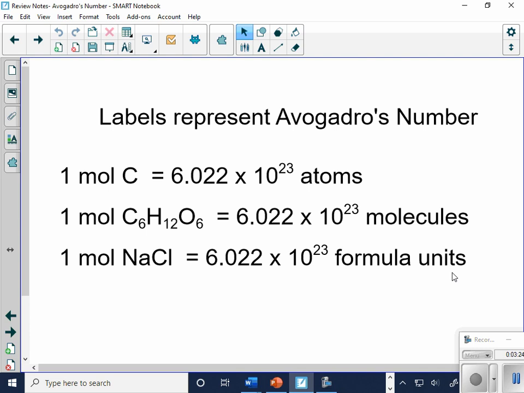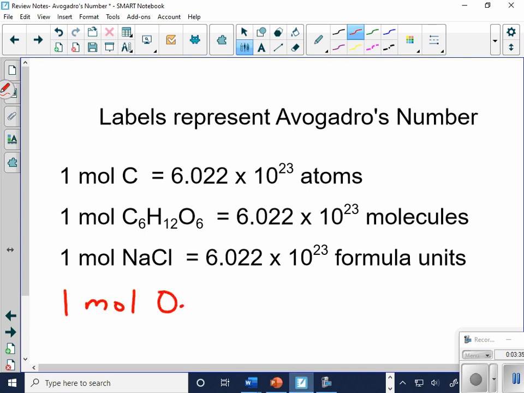Now, one thing that people always tend to struggle with, and I'm going to show you right here. If I have 1 mole of O2, I'm going to have Avogadro's number, but what am I going to label it? Do I label that an atom?